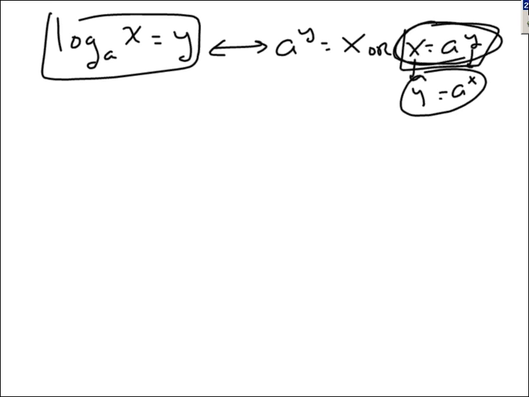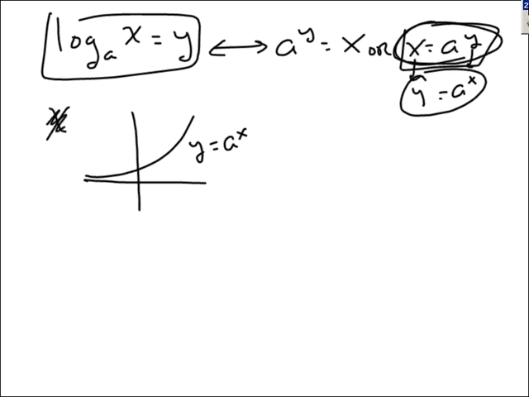Okay, well, if x and y are interchanged, what you need to remember is that x and y are interchanged. For example, you know that this is y equals a to the x.